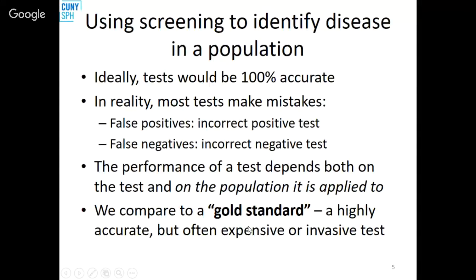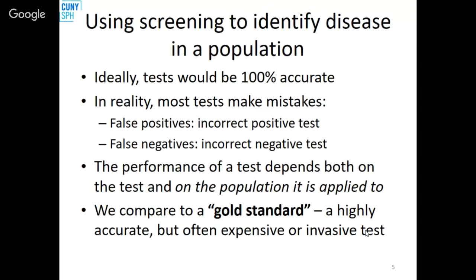And how do we know that sort of truth about whether or not someone has a disease? Well, we're going to compare it to a so-called gold standard, which is some other very accurate but more expensive or invasive test. So whereas the screening test might just be a simple blood test, the gold standard might be an actual invasive examination, one that involves inspection by a pathologist or some other thing that cannot be done on as large a scale, but is more accurate.